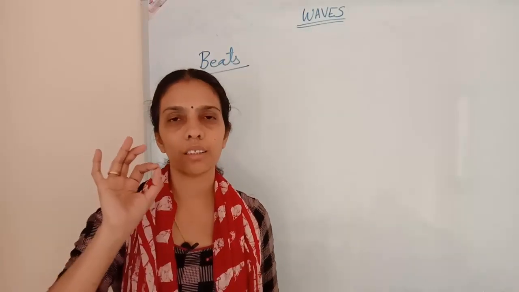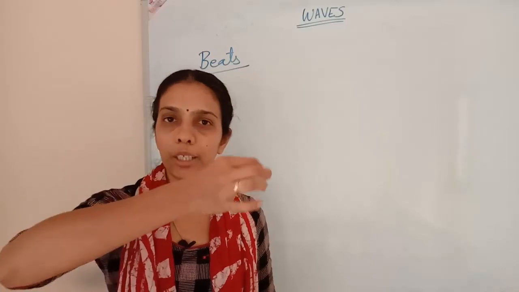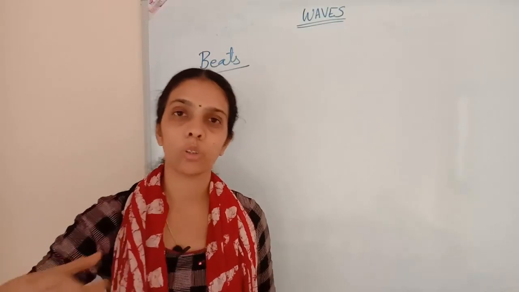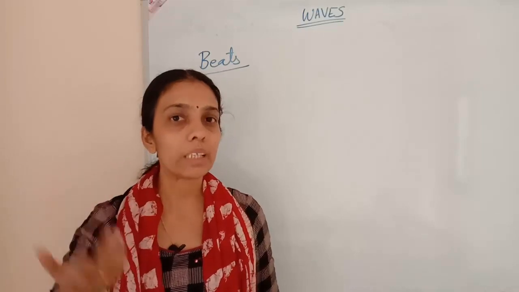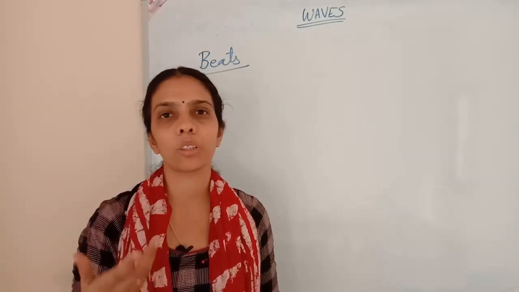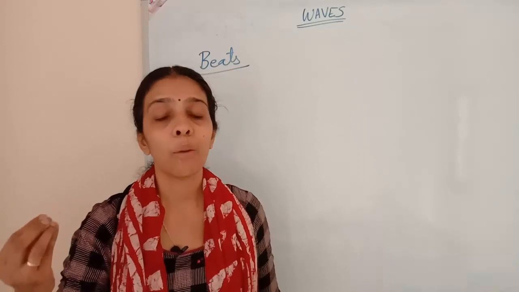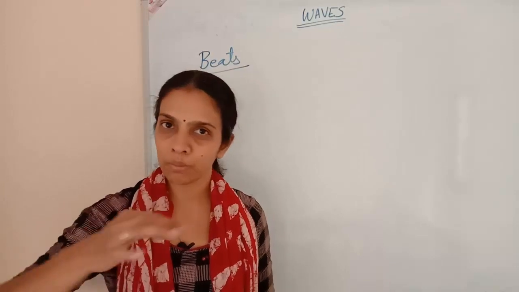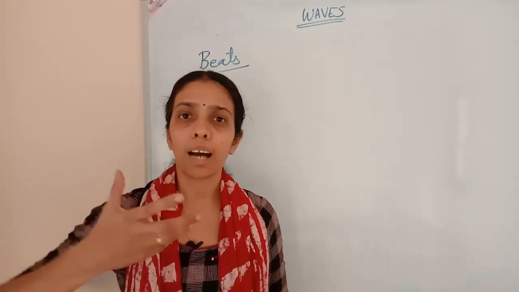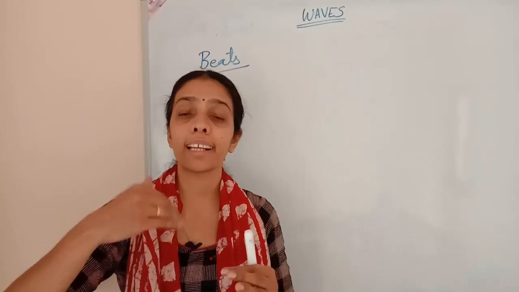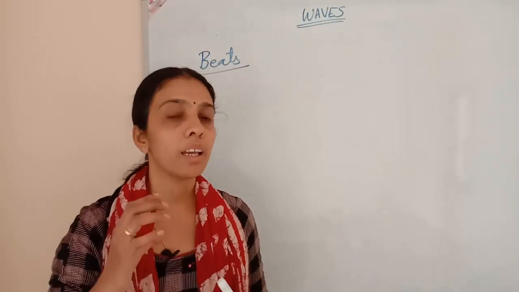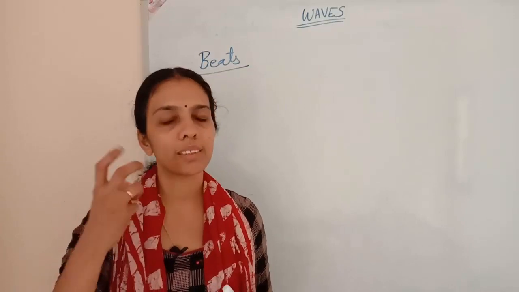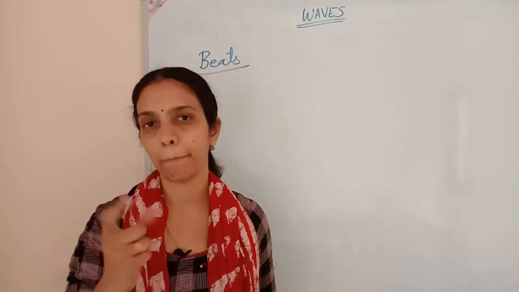If they are tuning for one particular note, along with that vibration, those who don't know about music can feel an extra sound, like a throbbing sound, an extra wave coming along with it. That extra wave which is coming is called a beat.